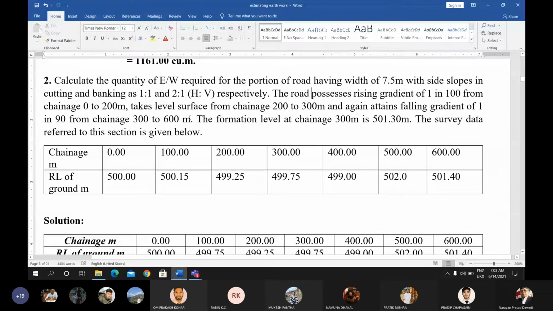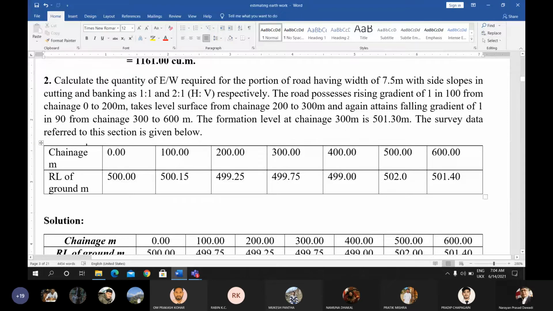The road formation level decreases at a constant rate of 1 in 90. The formation level at chainage 300 meter is given as 501.30 meter. You are provided with the level of the road surface, that is the formation level, as 501.30 meter at chainage 300 meter.